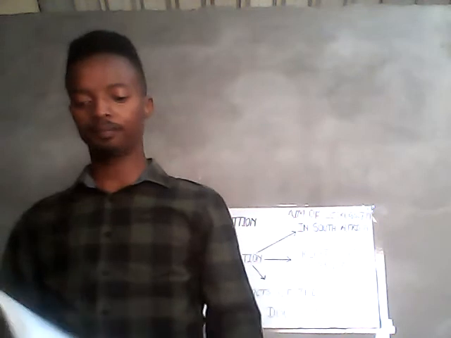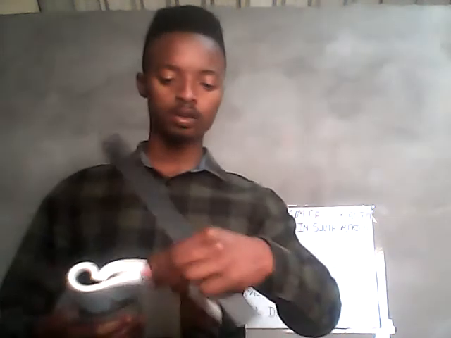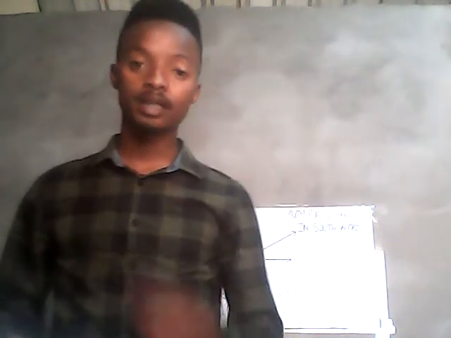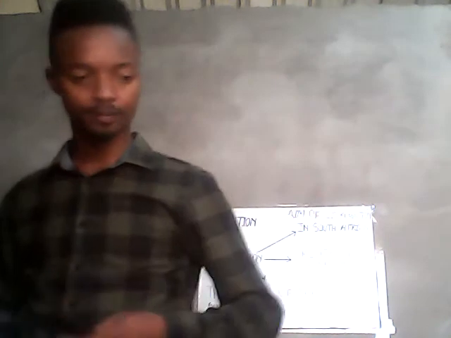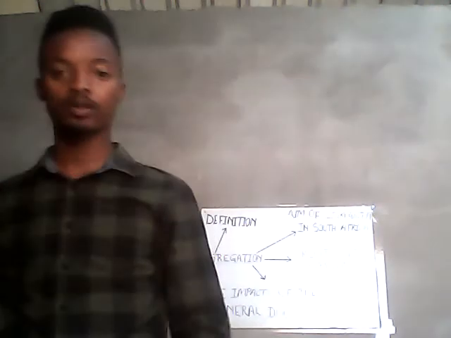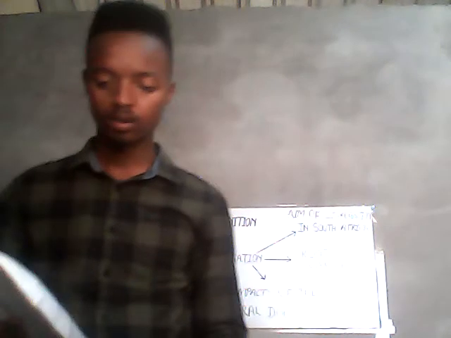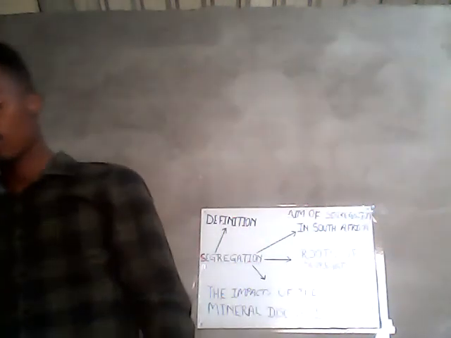Today we'll be carrying on our apartheid lecture, right? So you're going to take out your textbook and open to page 232, Chapter 5.2, which is segregation after the formation of the Union.